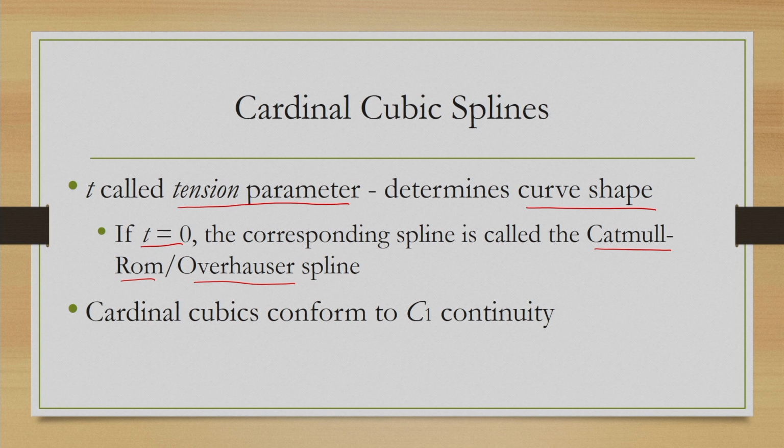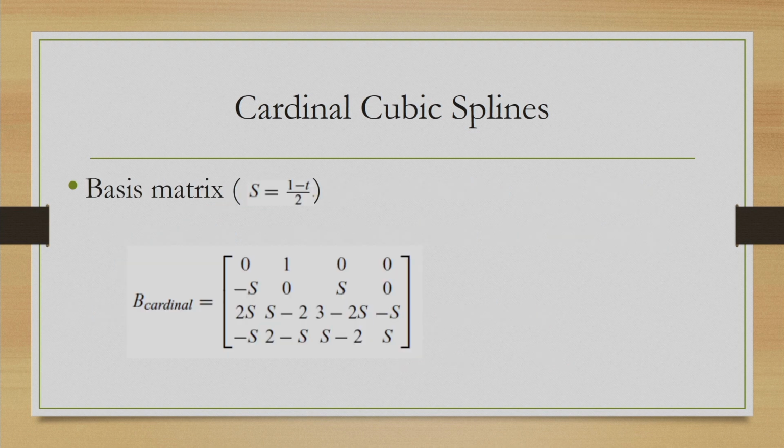So, that makes life of the user simpler, but again the cardinal cubics also suffer from the same problem, that is, it supports up to C0 and C1 parametric continuity conditions. It does not support C2. So, it has a less smooth curve than natural cubics. So, then what is left is the basis matrix formulation.